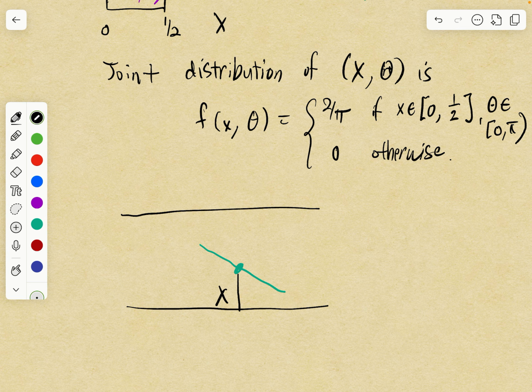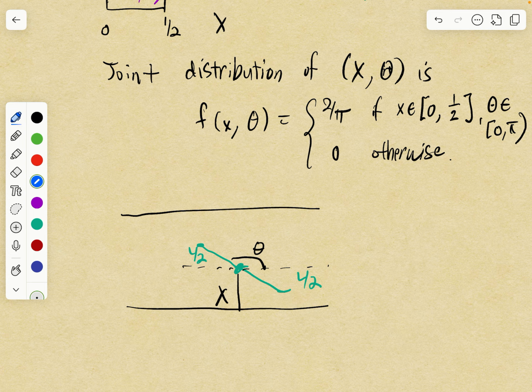Then where is theta? Theta is here. The length of the needle is L, so you have a length of L over 2 here and a length of L over 2 here.